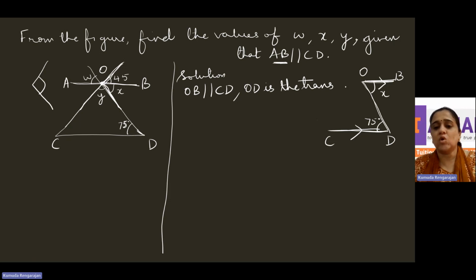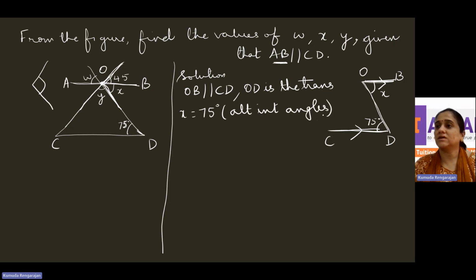So here, OB is parallel to CD and OD is the transversal. You must say X is equal to 75 degrees because alternate interior angles are equal. Is that fine? Okay. Now we have found X is 75 degrees.